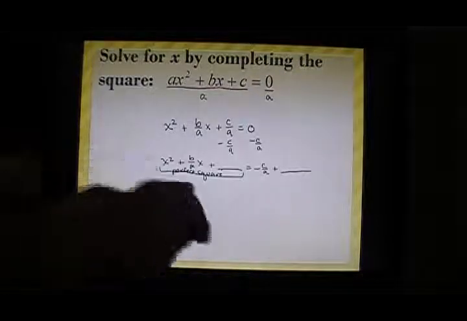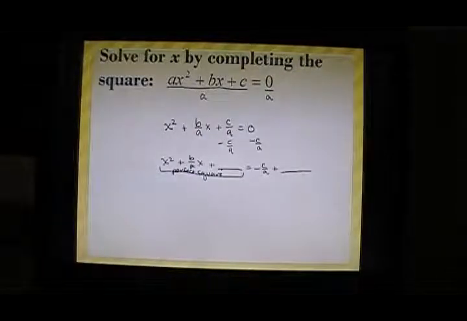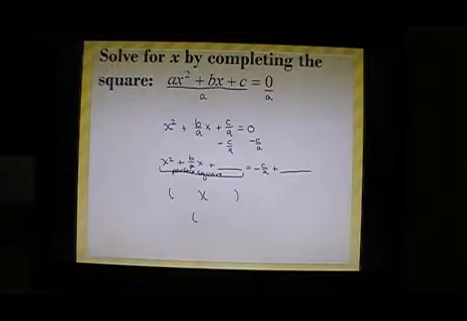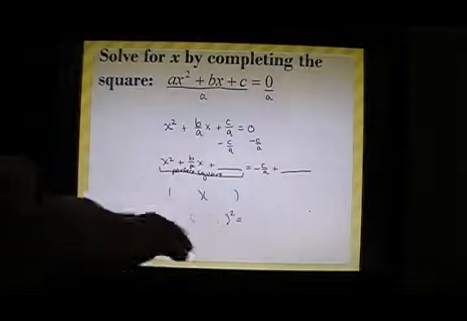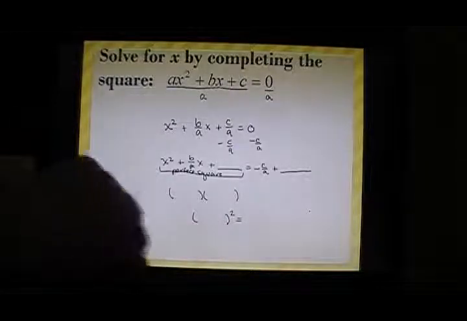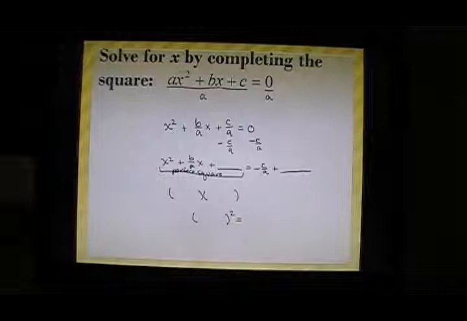So the reason that we complete the square is so that we can get the left-hand side to factor into two binomials that are the same, so that we can have something squared equals a number, so that we can then solve by extracting the root. So based on what we talked about last time, if we multiply this guy times this guy, we need to get our x squared, so that would be x and x.